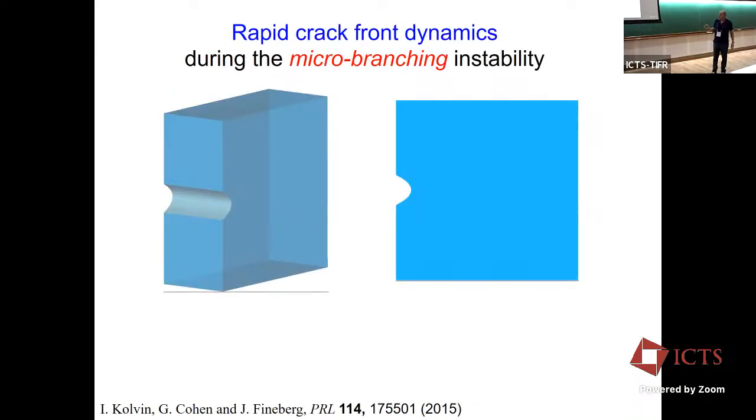We're now going to look very briefly at what happens. We've been thinking of the system as two-dimensional, and your question is a really good one. But in essence, the system has thickness. And the micro branches, there should be a movie here. It's not working.